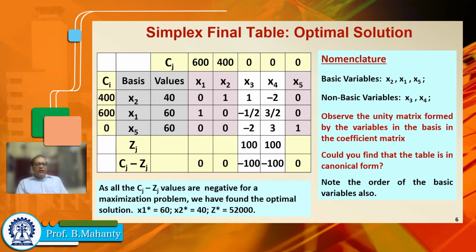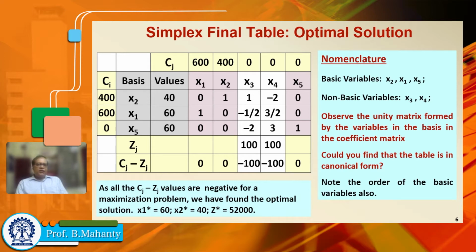If we then compute the zj and cj minus zj for these variables, you can find 400 into 1 plus 600 into minus half, that is equal to 100. And 400 into minus 2 plus 600 into 3 by 2 plus 0 into 3, that is 100. All right, so both the zj's are 100.